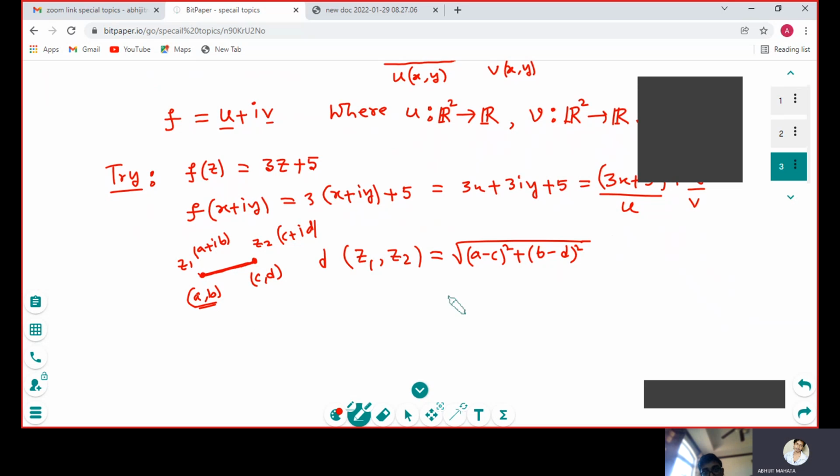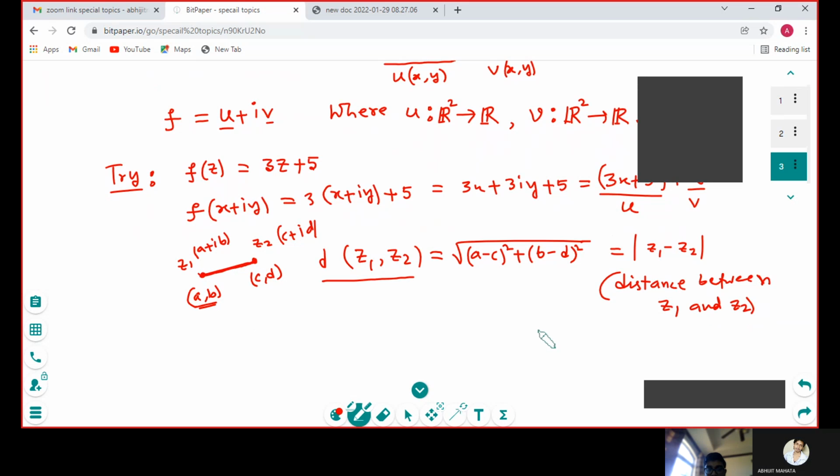So instead of writing d of z1 comma z2, we write the modulus of z1 minus z2. This is nothing but the distance between z1 and z2, right?